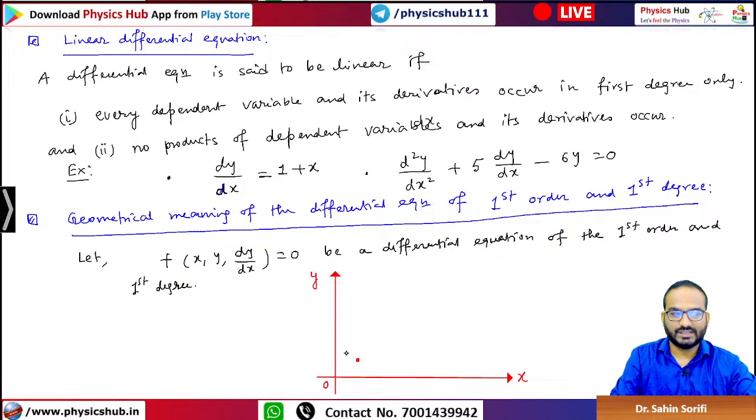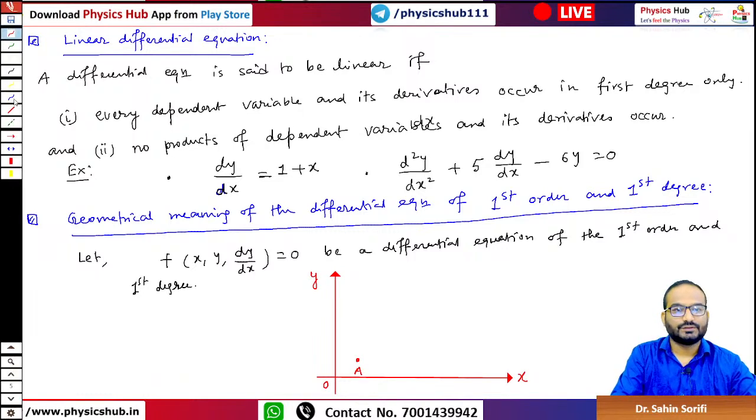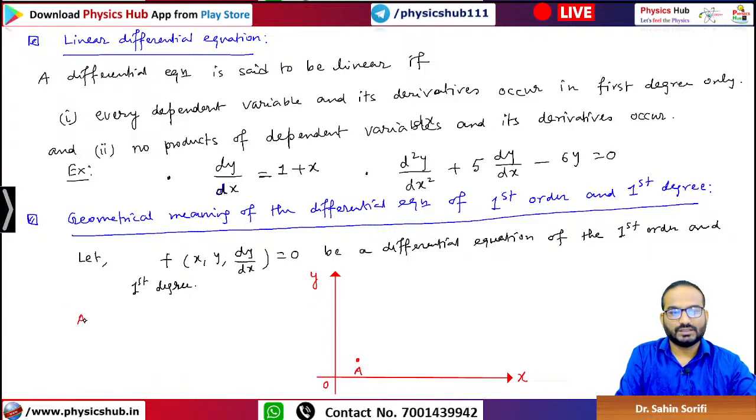Let's say this point is A, with coordinates x naught, y naught.